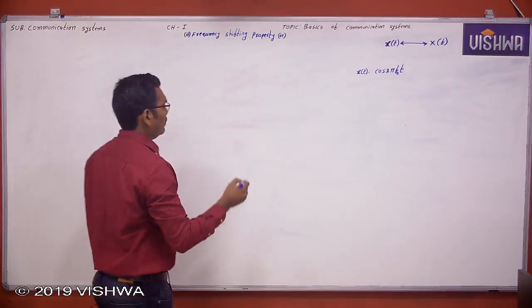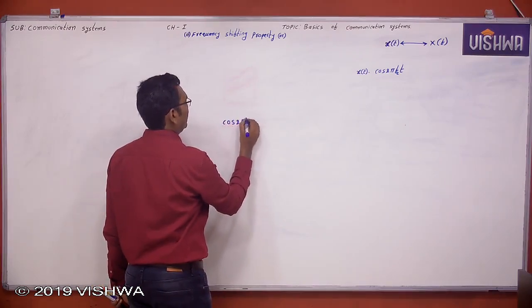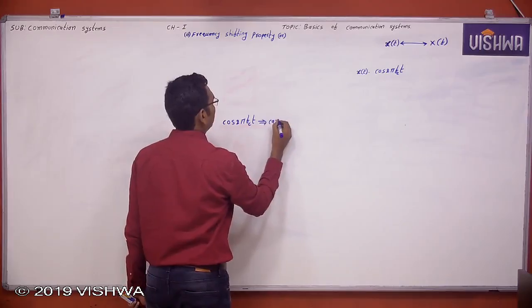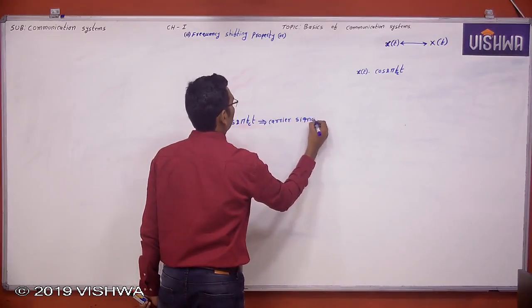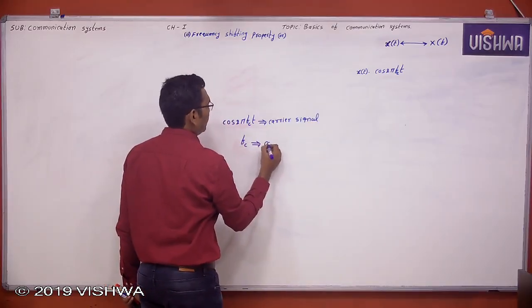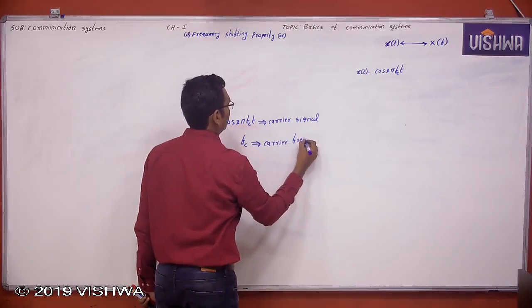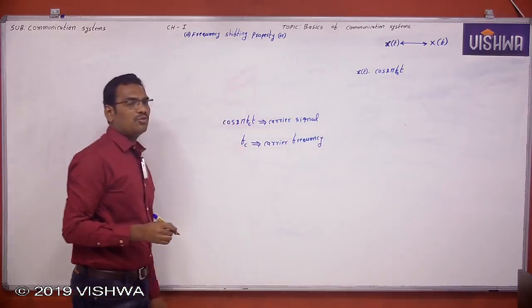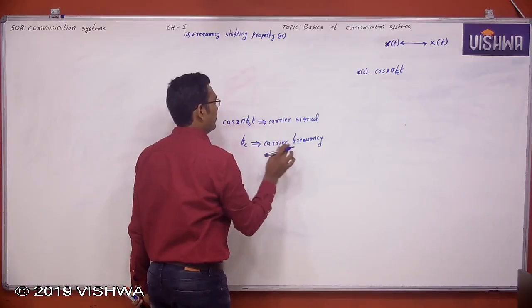See here, cos 2 pi fct is a carrier signal, Fc is the carrier frequency.